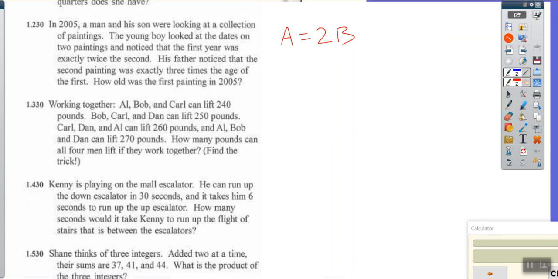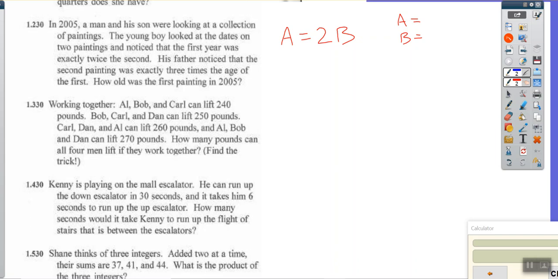This is significantly more challenging. So remember, this is in 2005. And so here we have A and B, and these are the years the paintings were made. So the age is going to be 2005 minus the year that it was created, right?